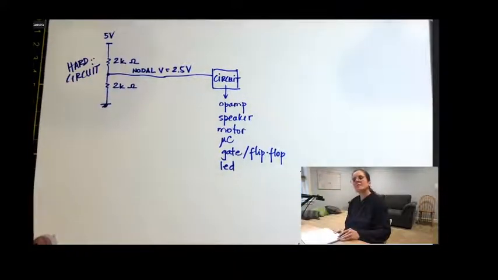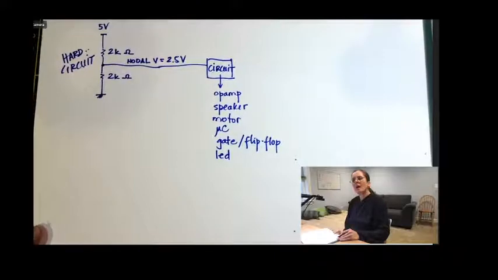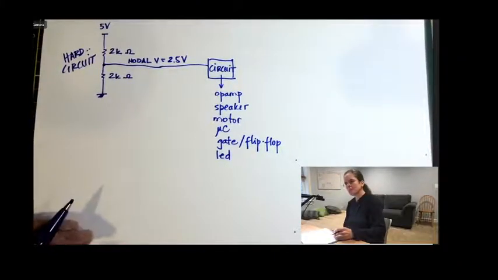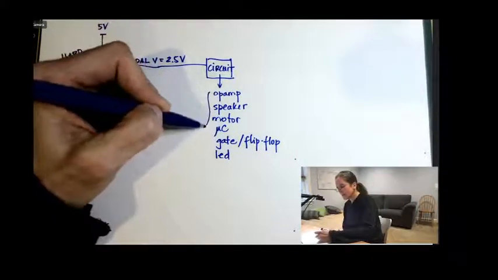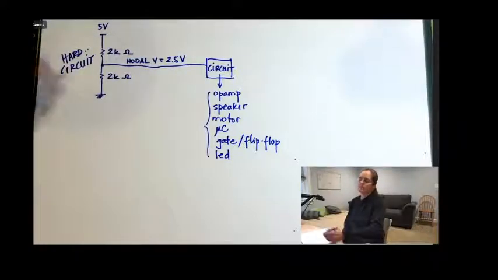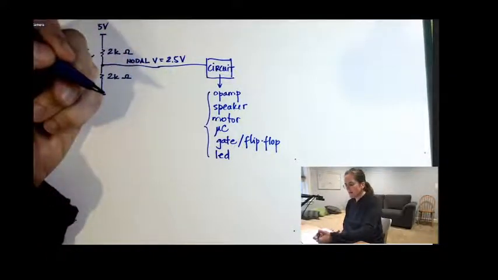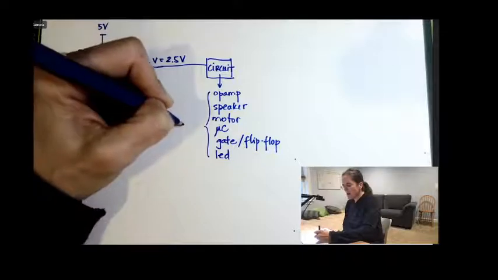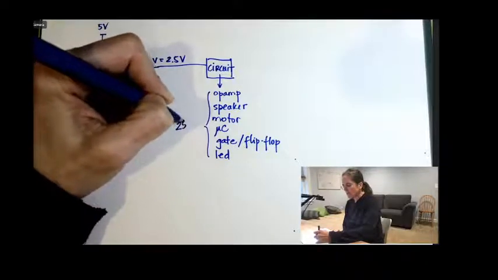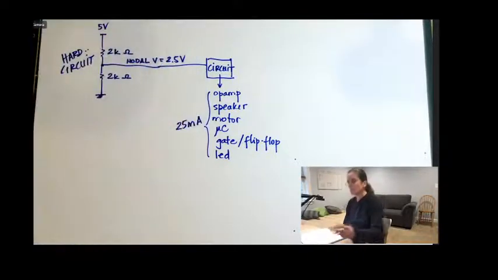And let's say I tell you whatever you're using that for, this thing here needs 25 milliamps of current, which is very low. Usually it's much more than that.